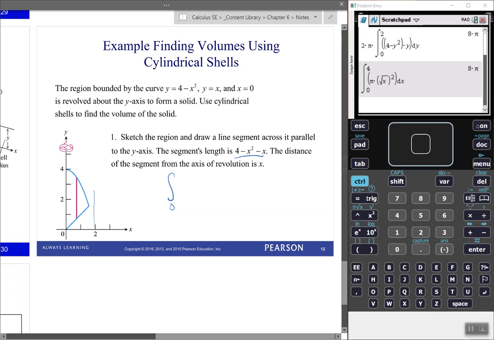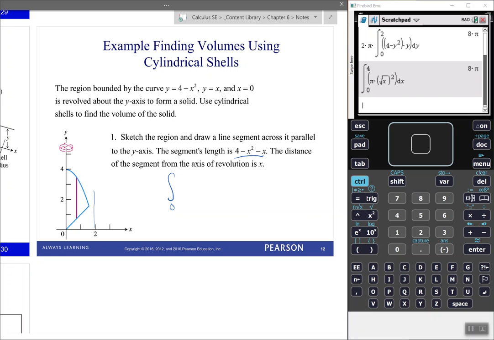And to find that point, we can just use a solver on our calculator and figure out where these things intersect. So we have 4 minus x squared. If you didn't do this, your answer's probably off. I didn't mention it, so maybe you realized, maybe you didn't. We'll see what happens. Solve that for x.